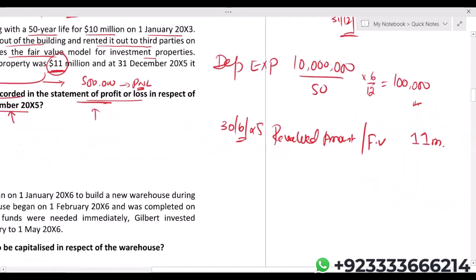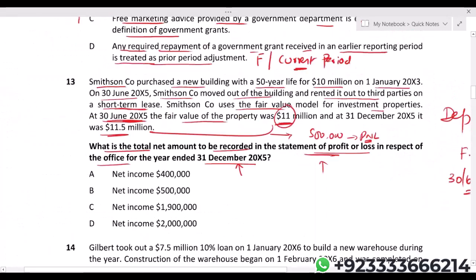It means fair value gain on investment property is 5 lakh. Depreciation is 1 lakh, fair value gain is 5 lakh. So net income, net gain is 4 lakh. Net income is 400,000.